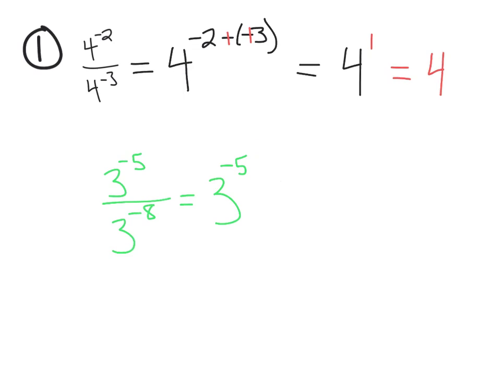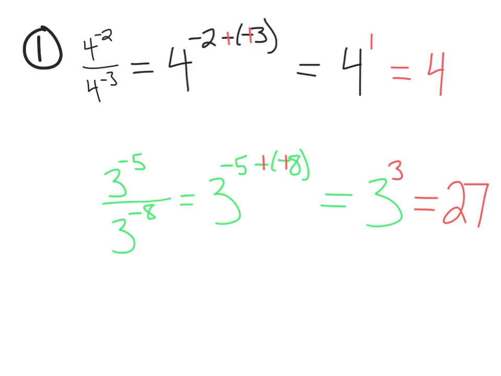And if I do that, I'll get 3 to the negative fifth minus -8. Okay, and again, if I chop there, I get 3 to the positive third. You can leave it as 3 to the third, or if you put that in your calculator, 3 to the third would be 27.